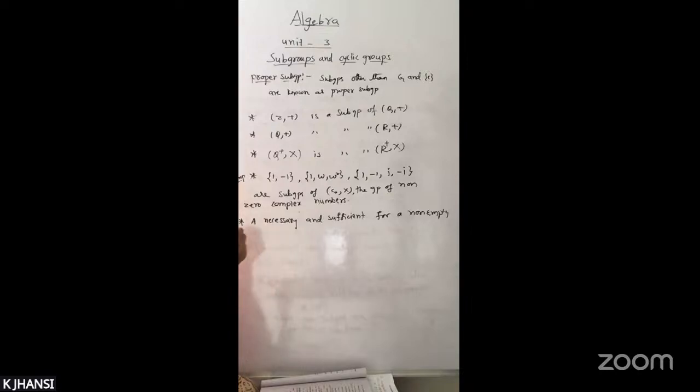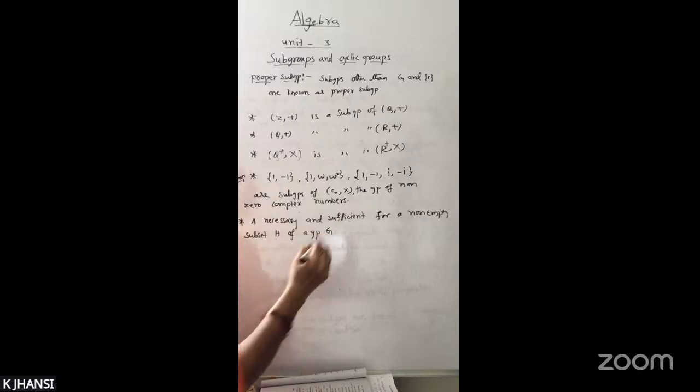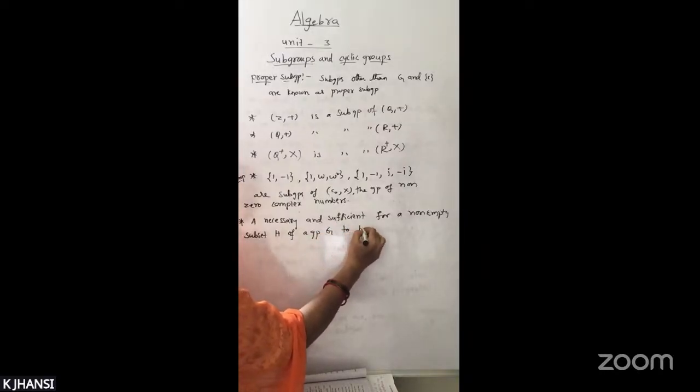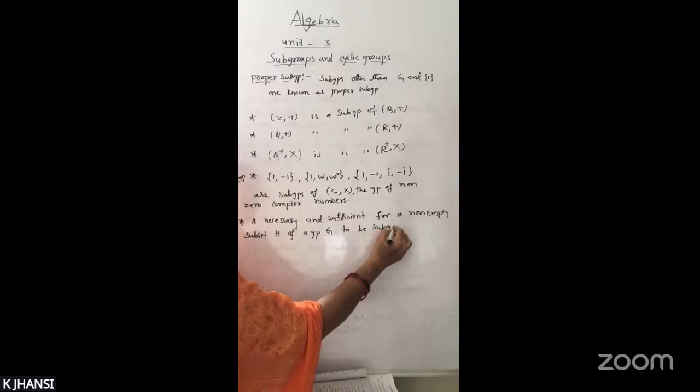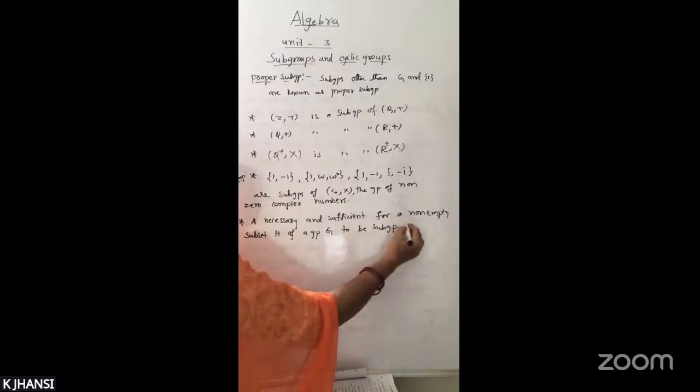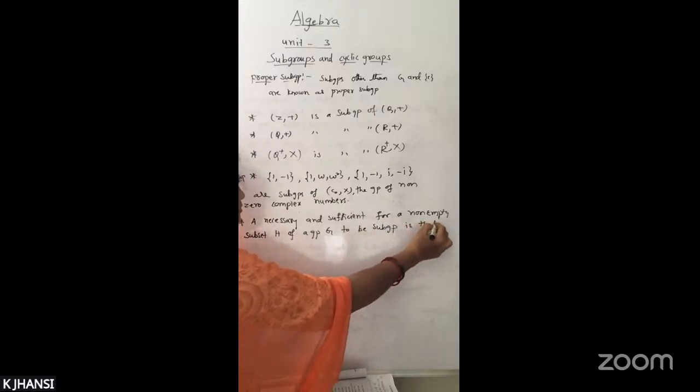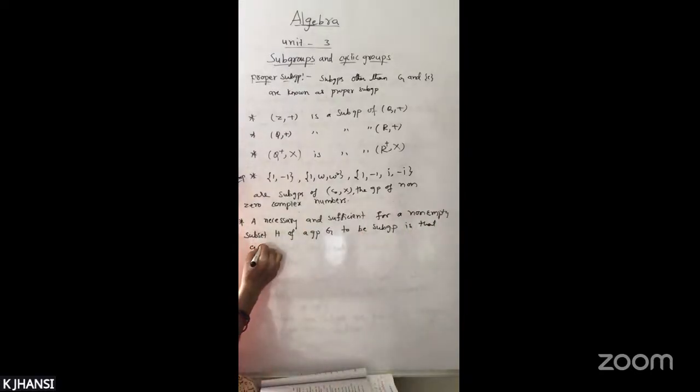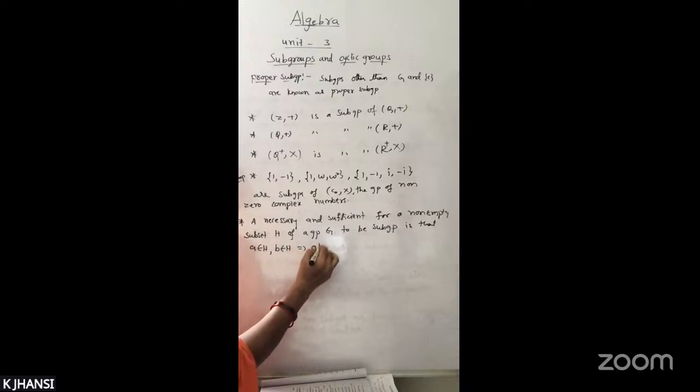Okay, a non-empty subset H of a group G to be a subgroup is that A belongs to H, B belongs to H implies A B inverse belongs to H. What is this B inverse?